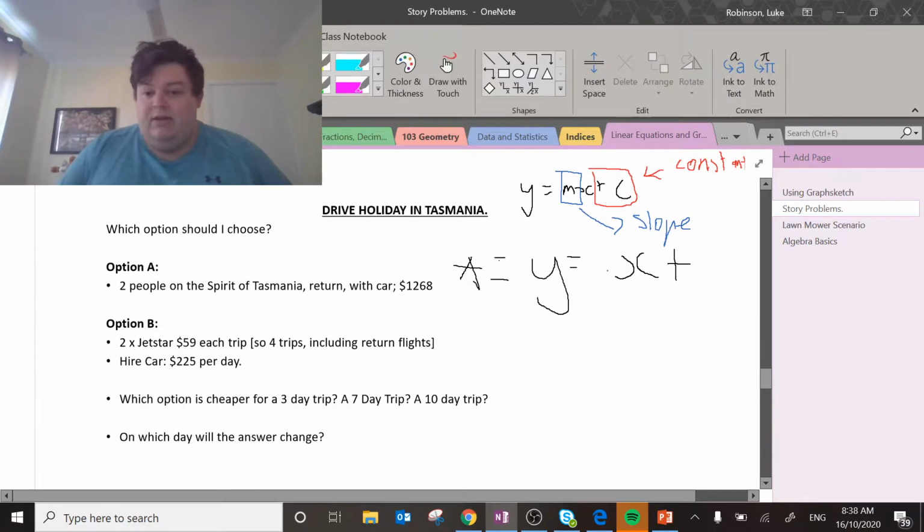There is no gradient value in this case. It's saying that regardless of how long you stay there, you're paying $1,268. The gradient is actually a zero. So I can just rewrite this as y equals 1268, and that won't change. That's just a set value.